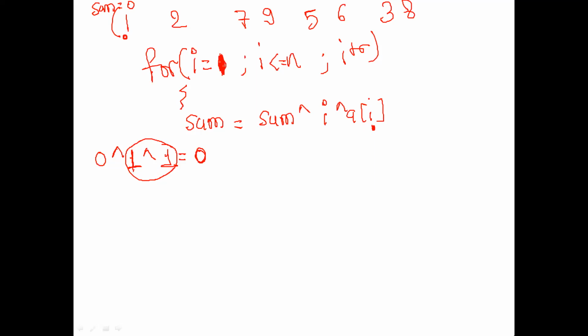If I start my loop from 0, in that case this will be 0 and this will be 1. But if I'm starting my loop from 1, this will be 1 and this will be the 2 place. It depends on us how we are taking the loop. I hope you understood now.